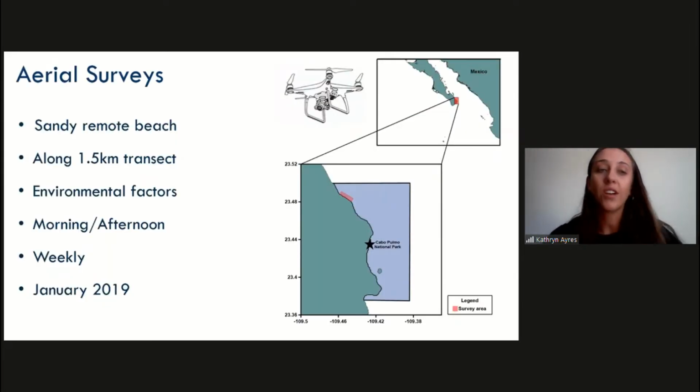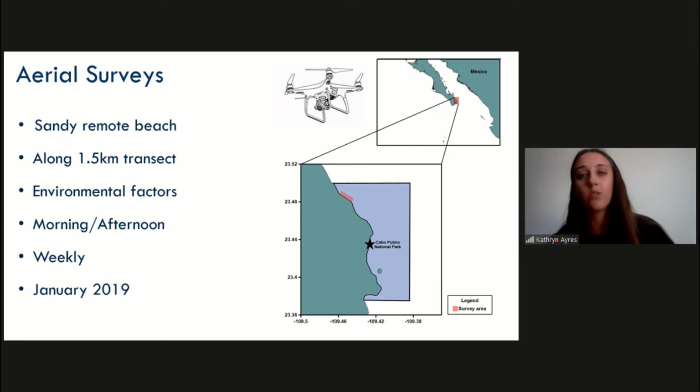So the aerial surveys are done in a northern beach over sandy remote habitat along a 1.5 kilometre transect. So before each drone flight, I record environmental factors such as tidal height, sea surface temperature, wind speed, direction, etc. I do 2 flights, one in the morning between 9 and 10 o'clock, and another one in the afternoon between 3 and 4.